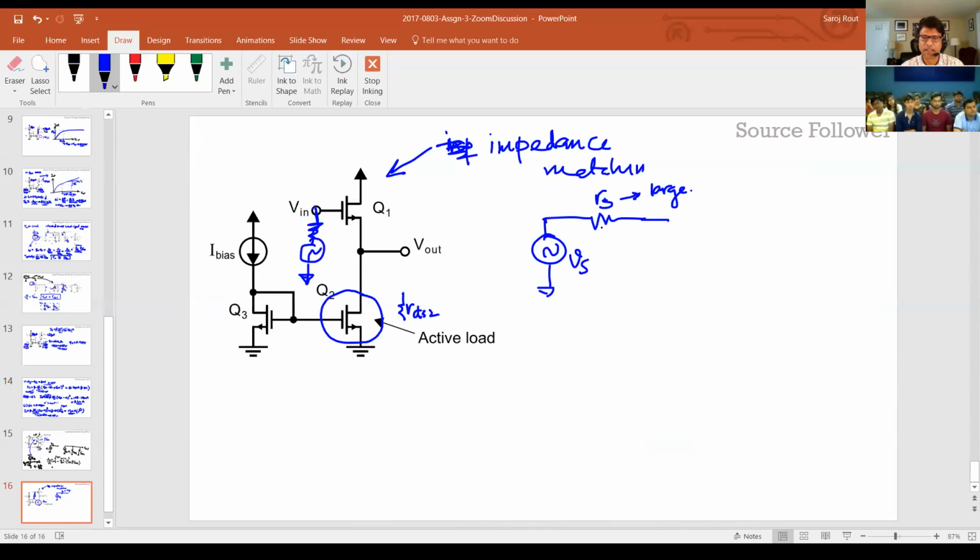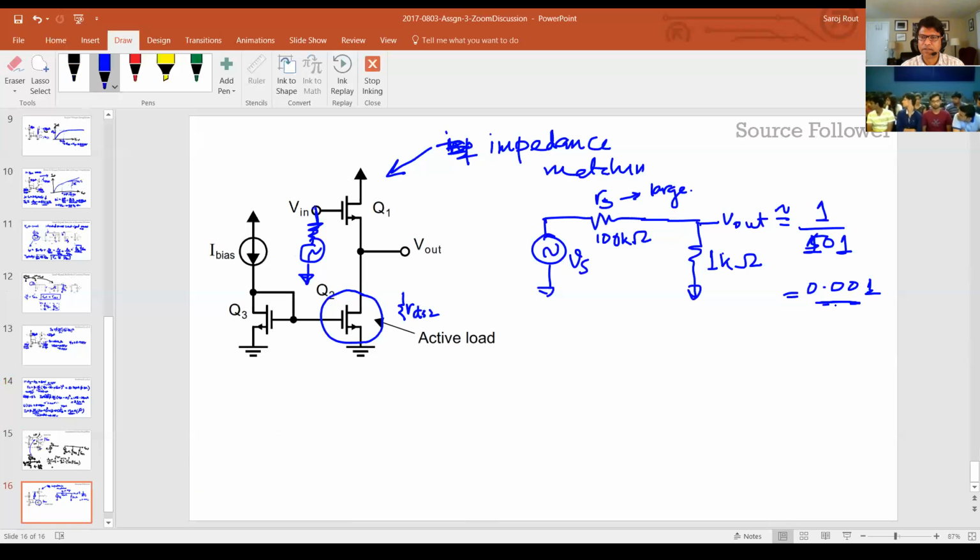For example, let's say this is 100 kilo ohm, and let's say this load is 1 kilo ohm, right? Then you've lost the gain. So this V out is 1K over almost 1K plus 100K, 101, which is almost 0.01, right? So it's a gain killer.